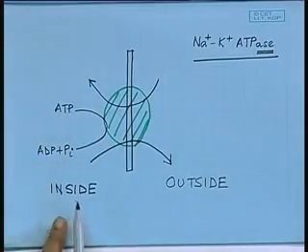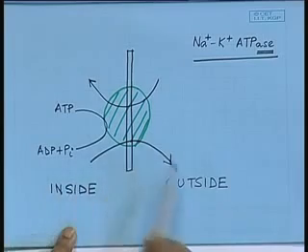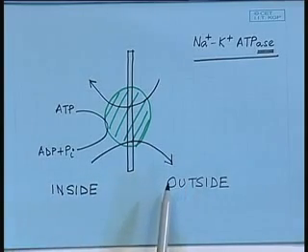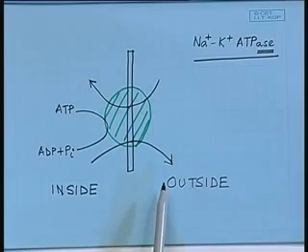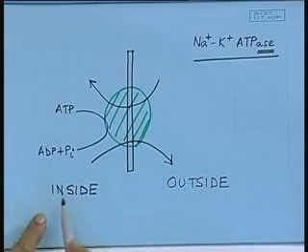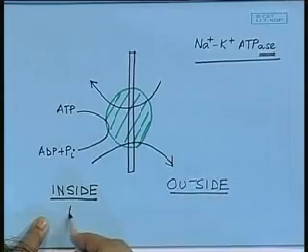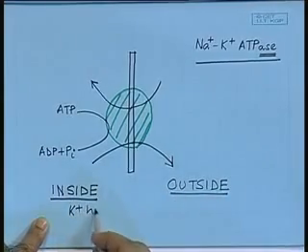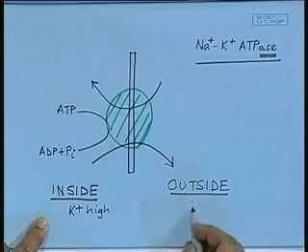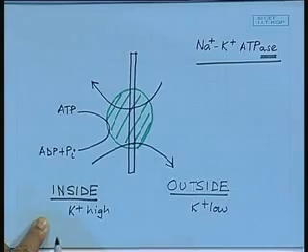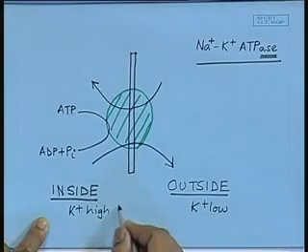Okay. Now, what has to go from the inside to the outside? Which ion has to go from the inside to the outside? What do I have higher inside, sodium or potassium? Potassium is high inside and potassium is low outside, and the opposite for sodium.